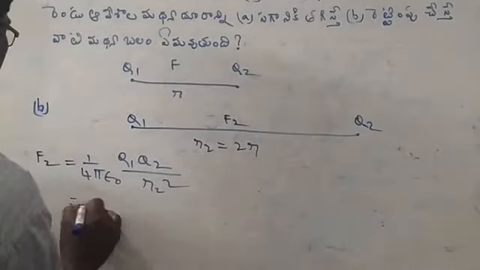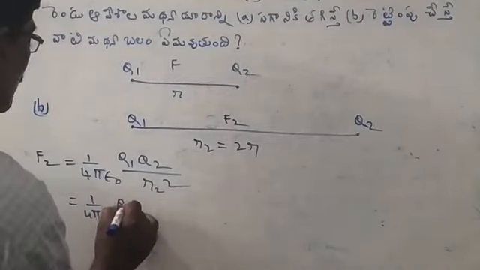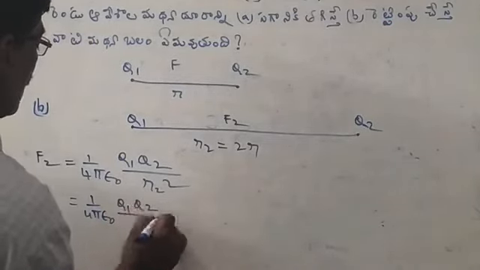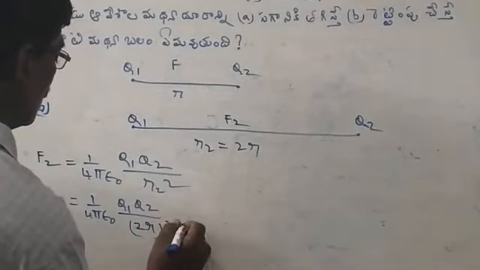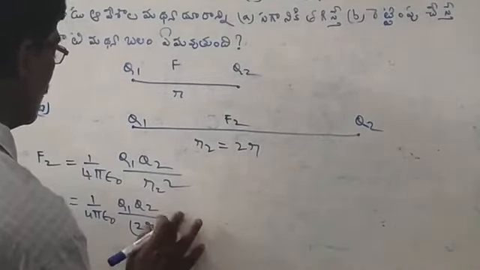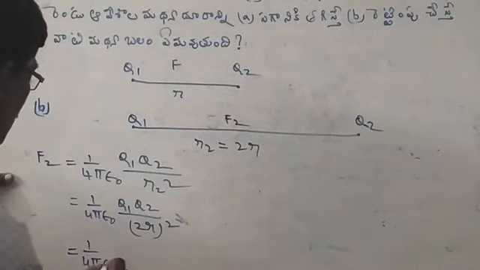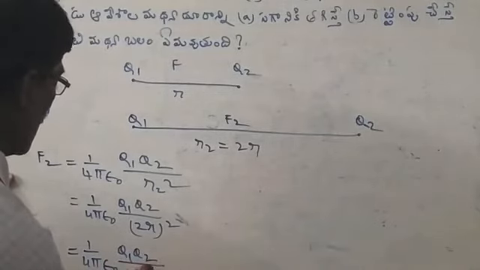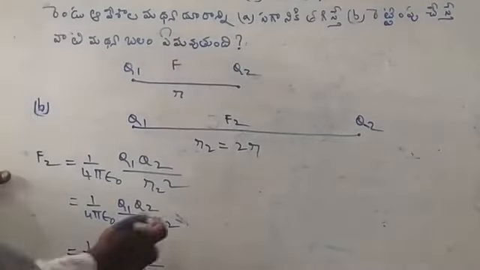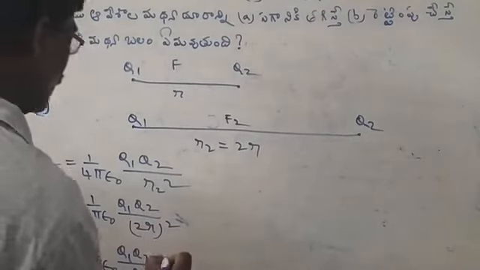That is equal to 1 by 4 pi epsilon naught into Q1 Q2 by 2R whole square, which is 1 by 4 pi epsilon naught into Q1 Q2 by R square into 1 by 2 square, that is 1 by 4.